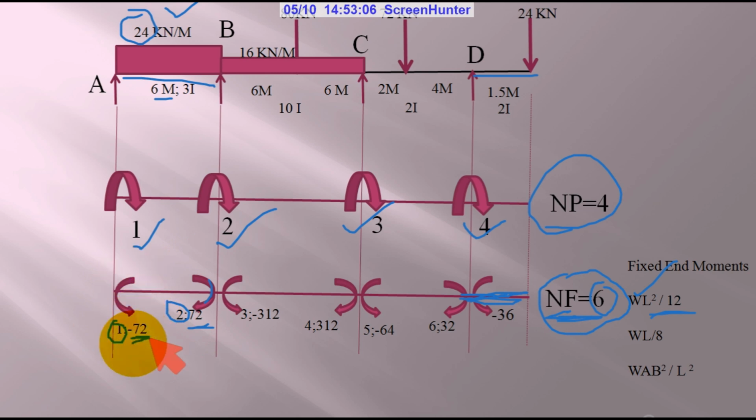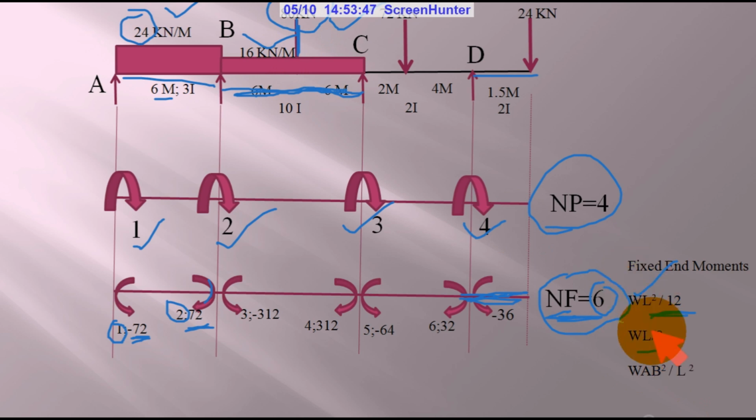Anti-clockwise, I am assuming minus 72, clockwise plus 72. If you look at this span BC, in this span BC, there is uniformly distributed load of 16 kilonewtons per meter along with one point load which is centrally located, 80 kilonewtons. So fixed end moments will be because of UDL WL square by 12 plus because of this centrally loaded concentrated load, it will be WL by 8.